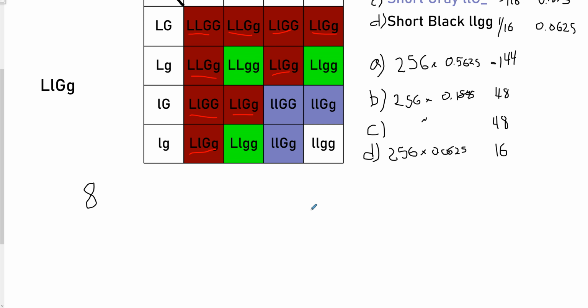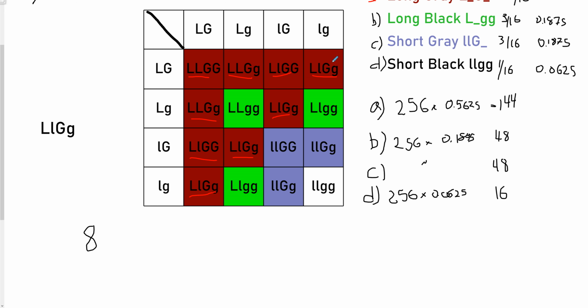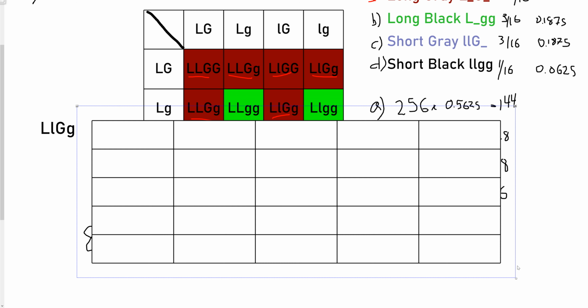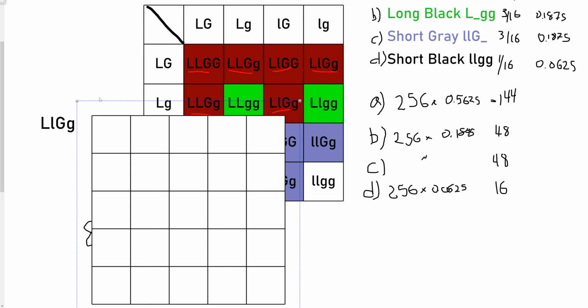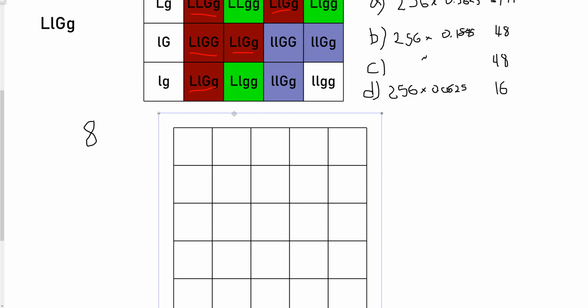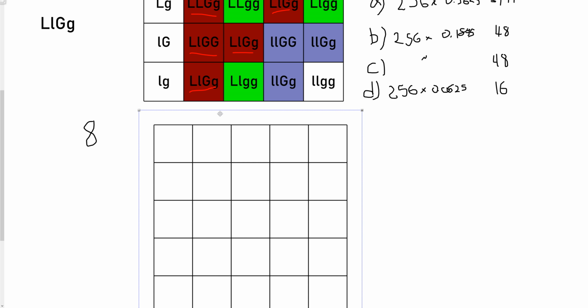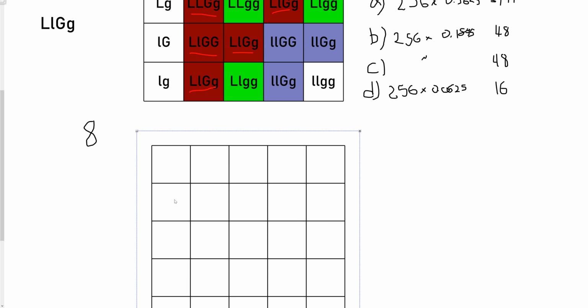What's going on here is they are asking us, and I'm going to get another 5x5 table up and just fix it up for us. There we go, beautiful. What they're asking us to do is take one of these flies, one of the ones that's in maroon, and cross it with a little l, little l, little g, little g.